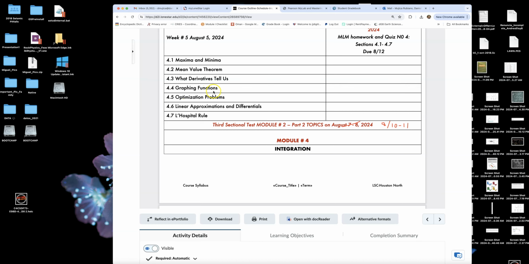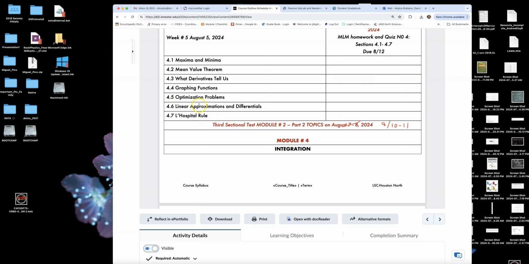In graphing functions, whatever you learned in college algebra, now you are going to complement with the use of derivatives to sketch a function. This is the main part of chapter number 4.